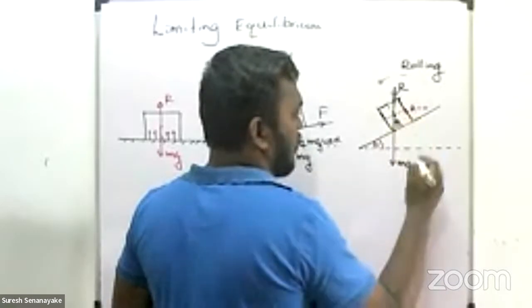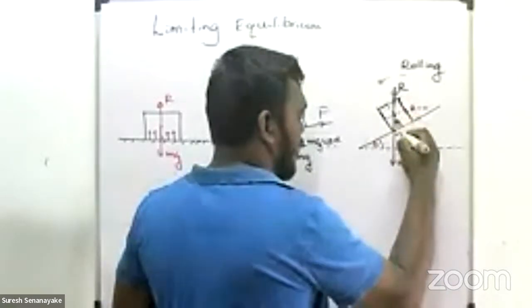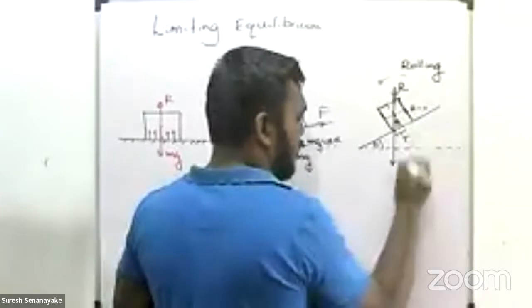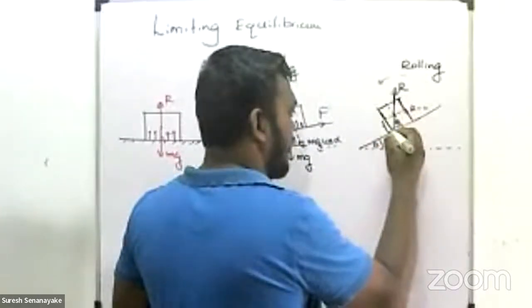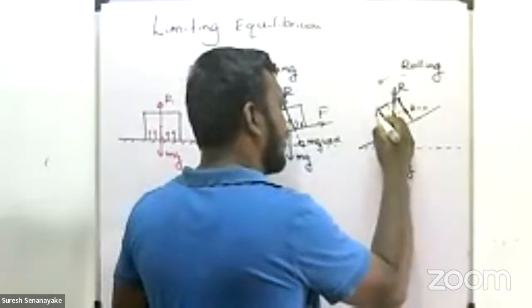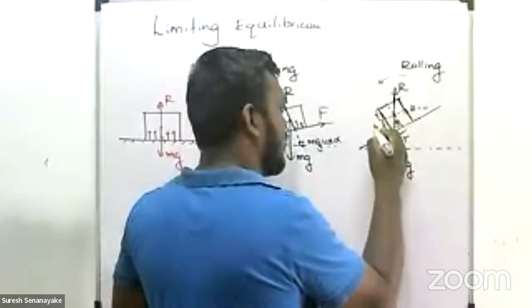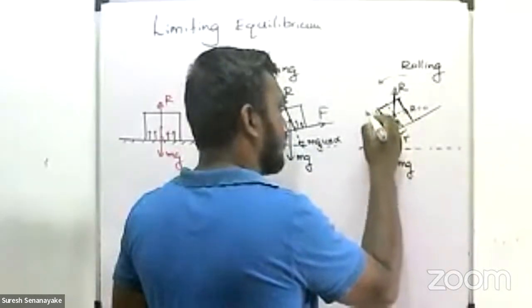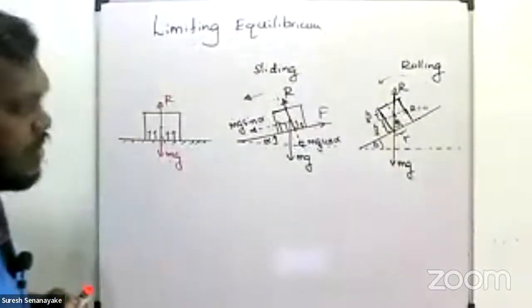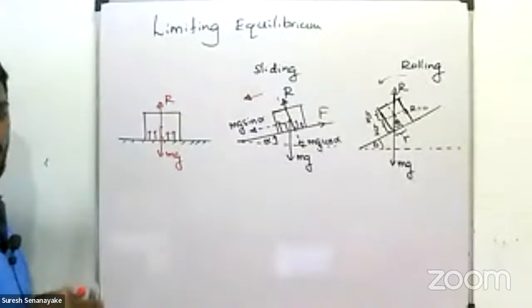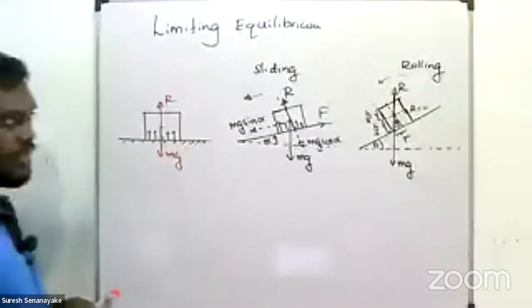The radius of this cylindrical part is r, and this is half the height of the cylinder, h/2, where h is the height of the cylinder. So this is the condition for rolling.